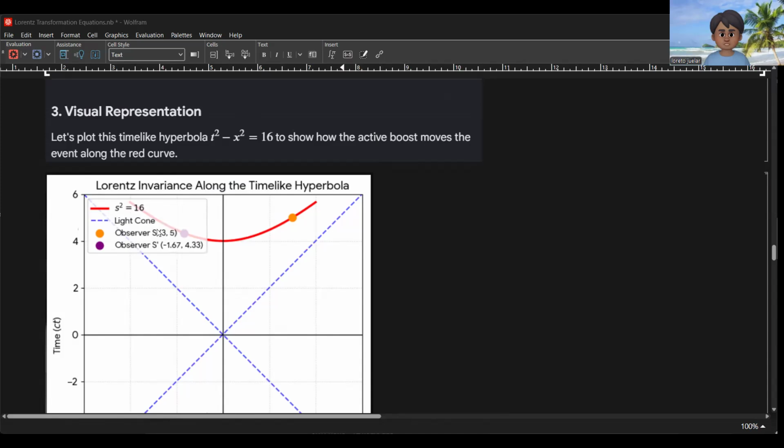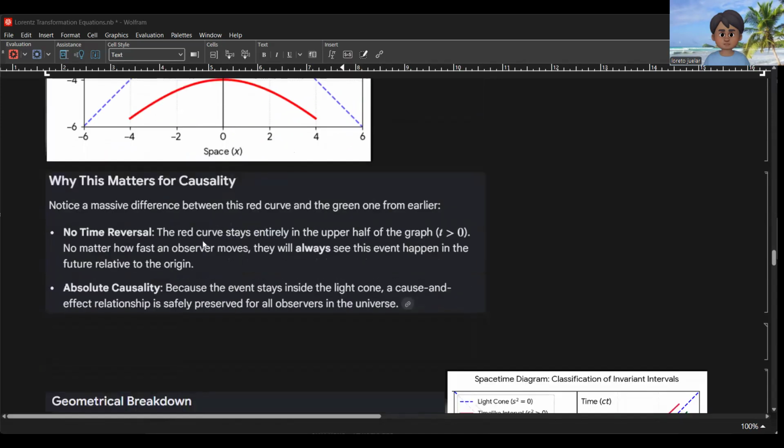In the original frame S, x is equal to 3 and time is equal to 5.